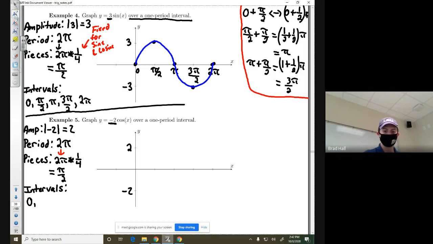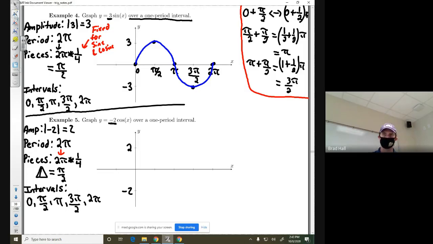So 0, but we add the pi/2 increment. And then we add the pi/2 increment to this to get pi. And then pi plus pi/2 is 3 pi/2. And 3 pi/2 plus another pi/2 is 2 pi. So if you want to be technical, this is delta.